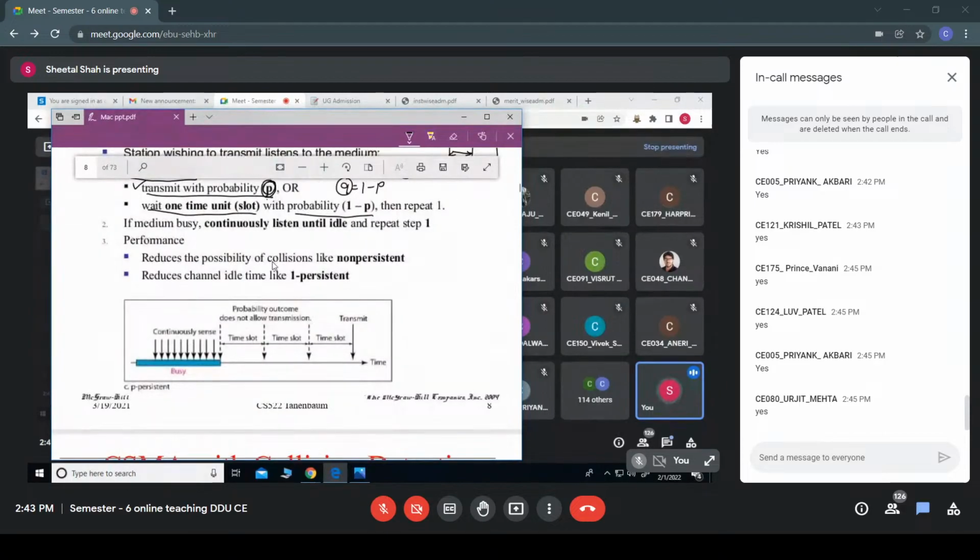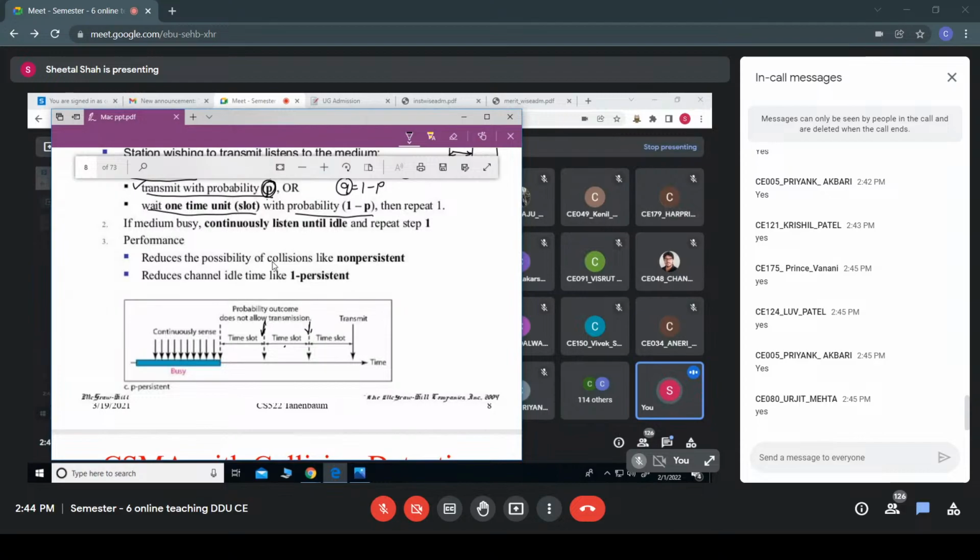As soon as the channel becomes free, either with the probability P it starts transmitting, or it will defer for the next time slot. Again, at this slot, with the probability P, it may transmit, or it may again wait for the next time slot, and so on. So this is how P-persistent CSMA would work.